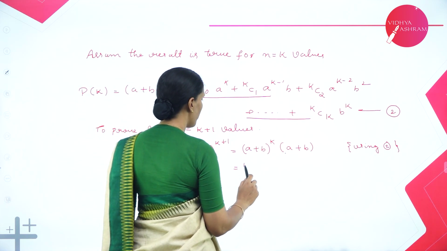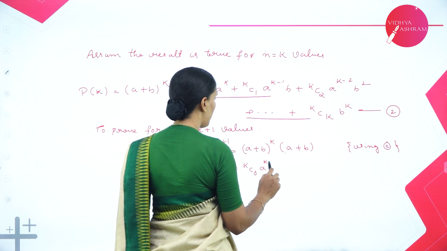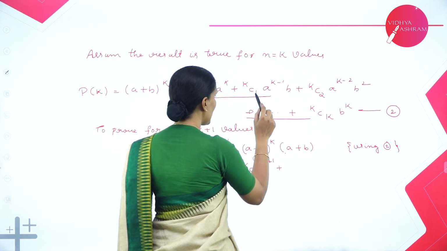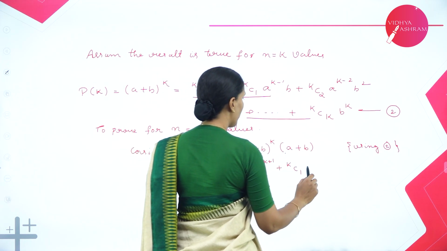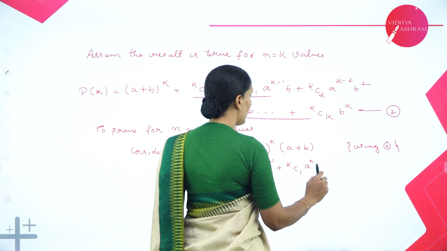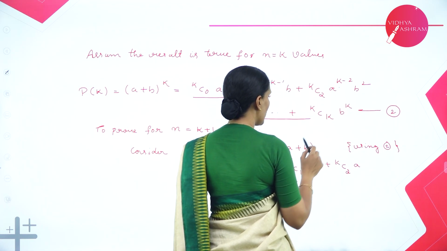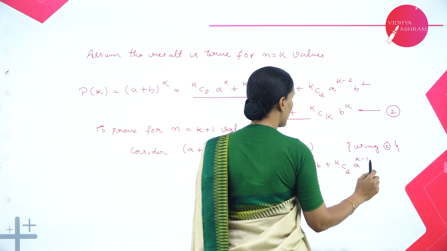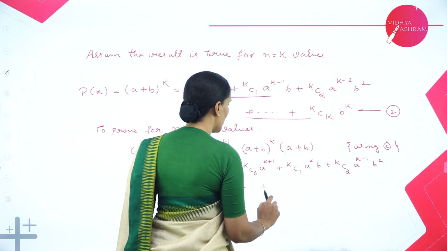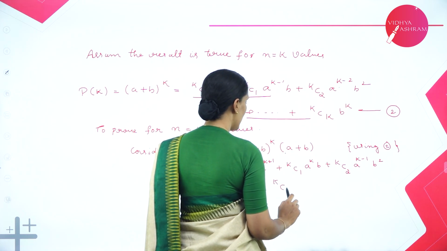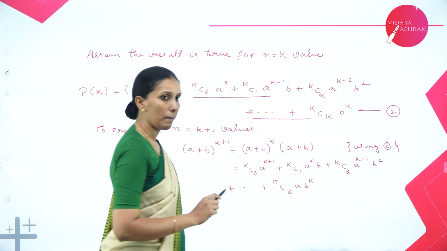Then this becomes kC0 a into a power k, which is a to the power k plus 1, plus kC1 a power k minus 1 into a power 1 becomes a power k, b will remain same. Next we have kC2 a power k minus 2 into a, which is a power k minus 1, b square will be same, plus etc. The last term kCk a b power k. So we are finished with multiplying a.